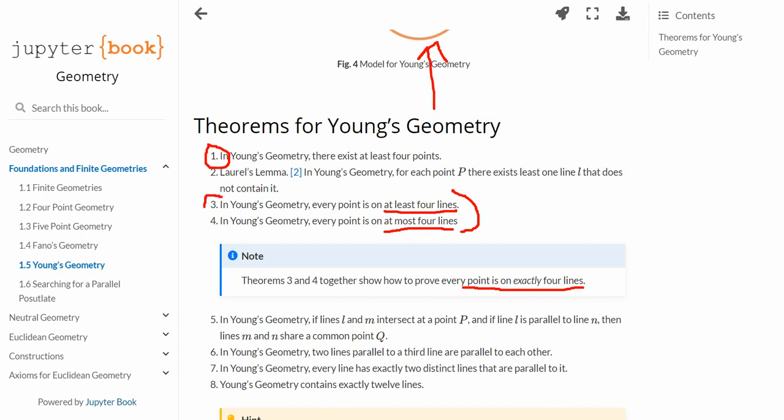That's why I split it up into 2 different theorems here, because usually how we prove this single theorem is by doing 2 parts. You'll see that that happens down here. Young's geometry contains exactly 12 lines.